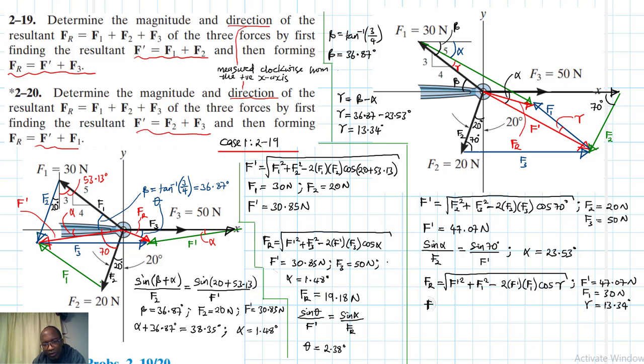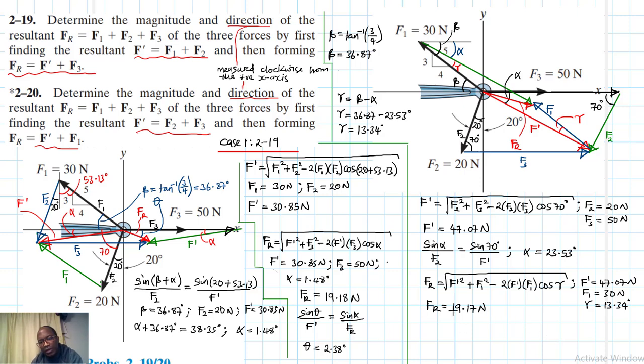So feeding all those, we get the resultant equal to the square root of 47.07 squared plus 30 squared minus 2 by 47.07 times 30 times cos 13.34, which gives us 19.17 newtons. Of course, in the other case we found 19.18 because of rounding off.